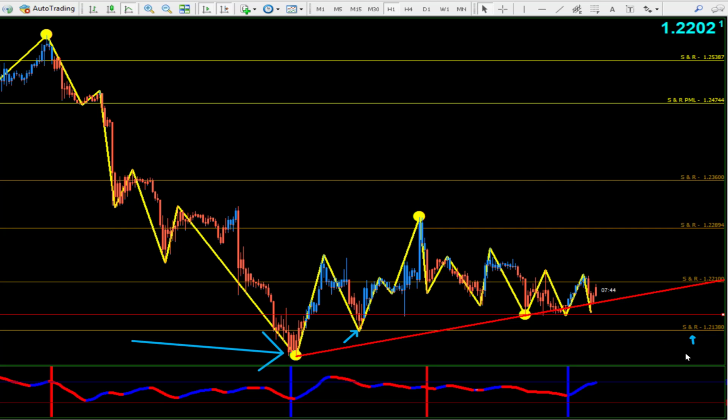So look at it here, price went beneath this point and bottomed and entered back into the stop and reverse level, touched the upper stop and reverse level at 1.2210, and came back down into here. A clear confirmation that if price didn't break beneath this point again, we should be looking for buy opportunities, and it did, with something about 140 to 150 pips taken from there.